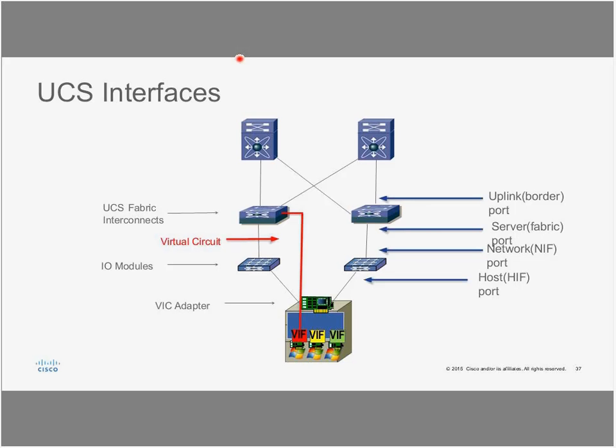They are actually inserted in the chassis, but I just wanted to paint a good picture of what this looks like. Essentially, this is where your HIFs connect to the adapter itself. So these are HIFs that speak through the I/O module, which converses through the NIFs, and once it gets to the Fabric Interconnect, it gets switched through the uplink port.